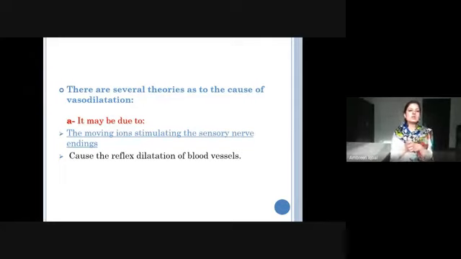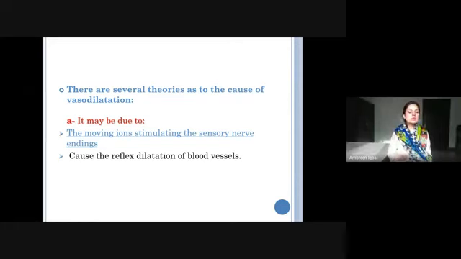According to one of the theories, it may be due to the moving ions stimulating the sensory nerve endings, causing the reflex dilation of the blood vessels. As we have discussed in the Faradic type current and interrupted direct currents, whenever you apply some current on your tissues, there are sensory nerve endings present in the skin that are going to show the response. The moving ions stimulate those sensory nerve endings, and they cause the reflex dilation of the vessels.